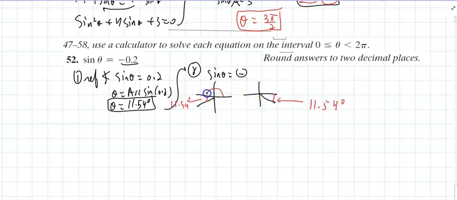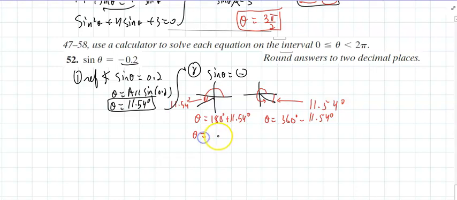What do you think this angle is? Wouldn't here theta equal 180 degrees plus 11.54 degrees? And here it will be 360 degrees minus 11.54 degrees.